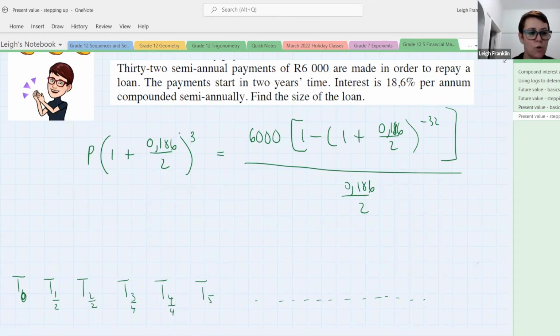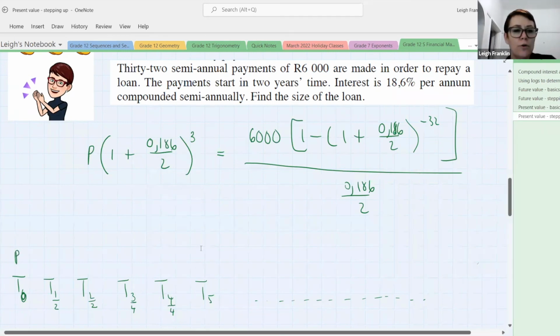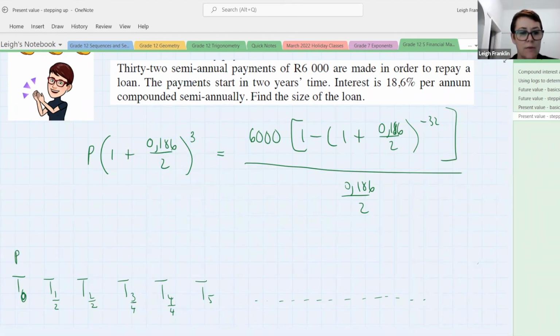Okay, so the loan is taken out here. Okay, can you see there? The loan has to grow before the payments are made. All right, because the payments start in 2 years' time, the payments are starting over here in 2 years' time. Okay, so these are half years that I'm trying to show you.